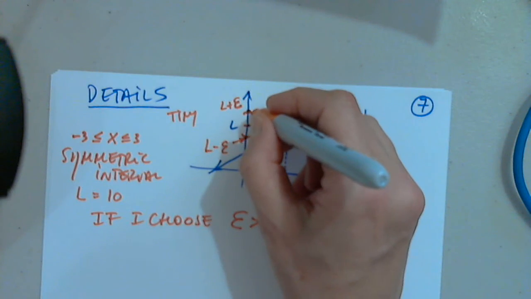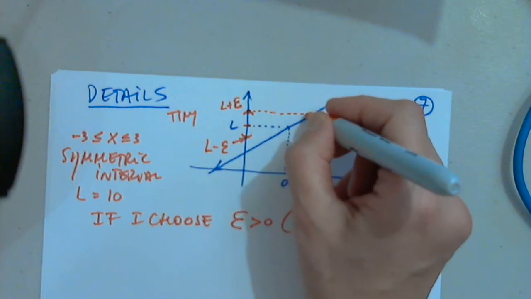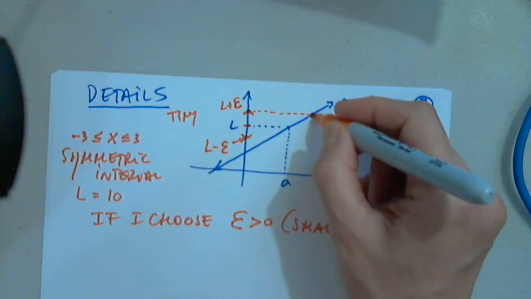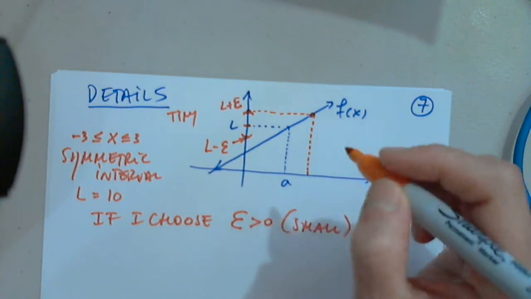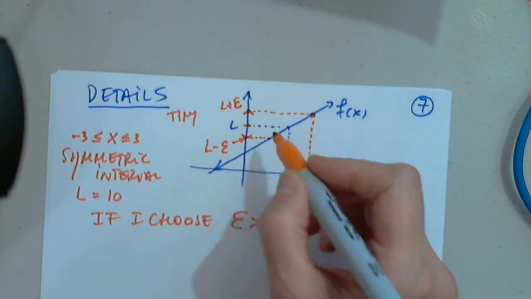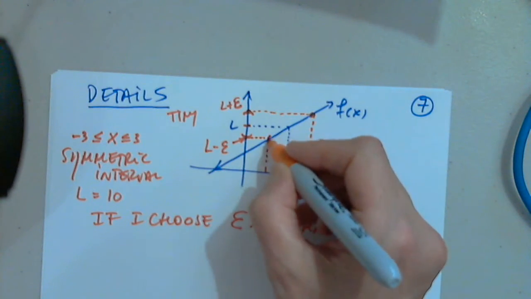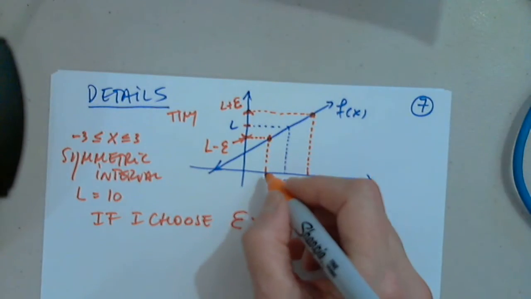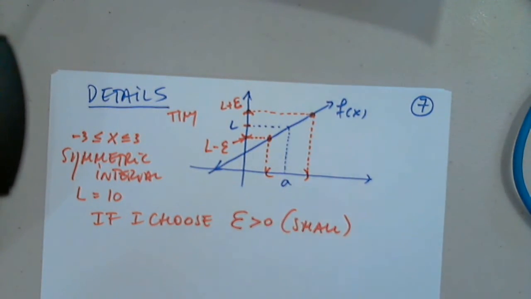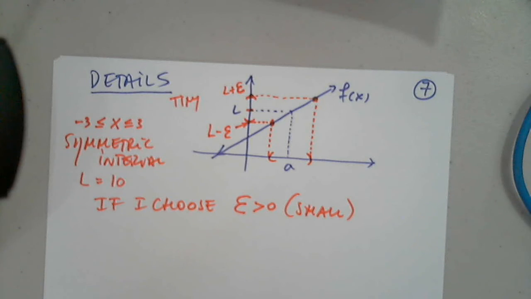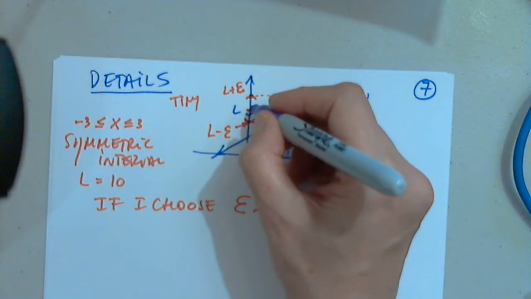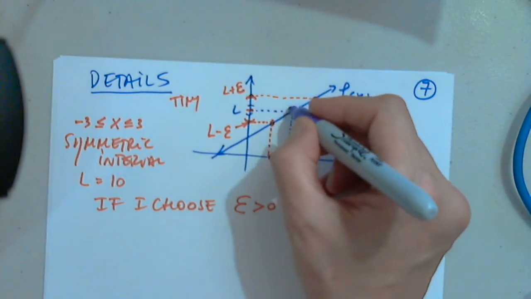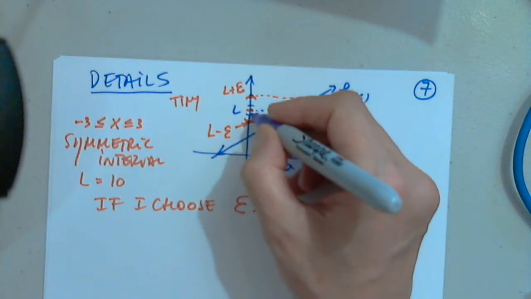This point, if I draw a horizontal line till the function and then down vertical, and if I do the same thing to this, and down vertical from the point it touches or crosses the function, then this epsilon will create an interval around A. Any epsilon I choose, right? I can choose this epsilon here, and I will get this interval around A.